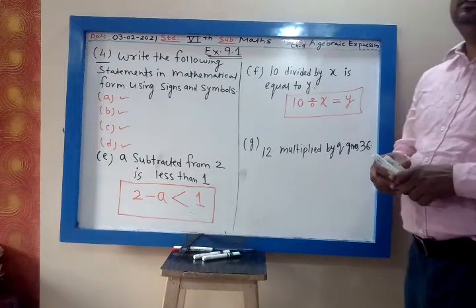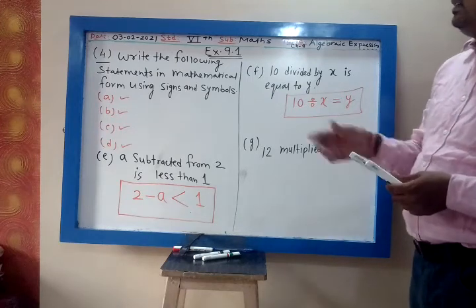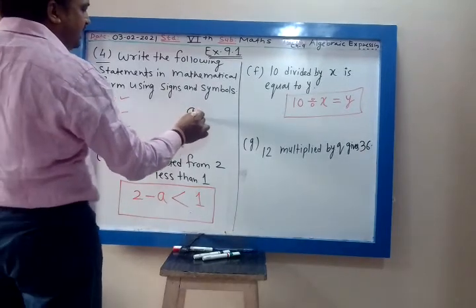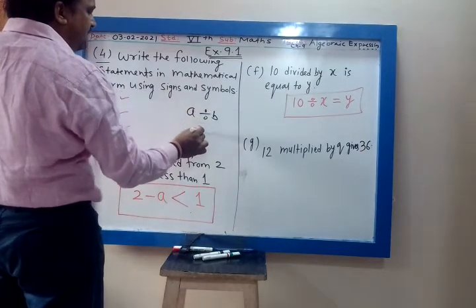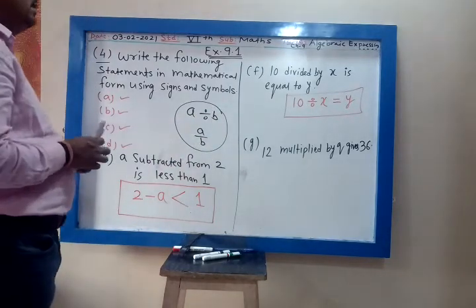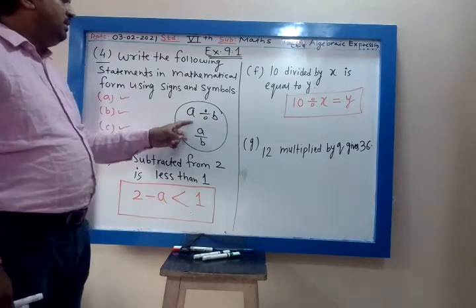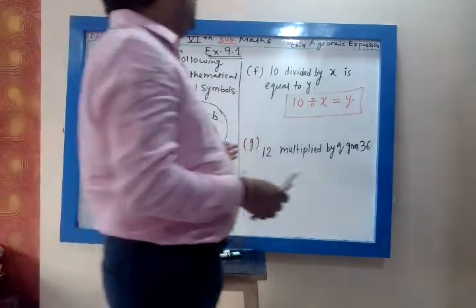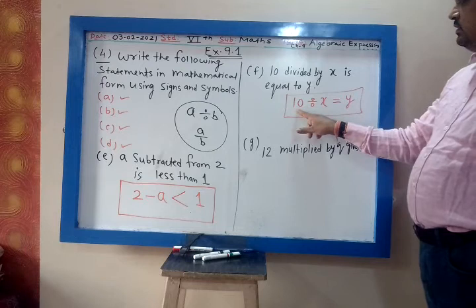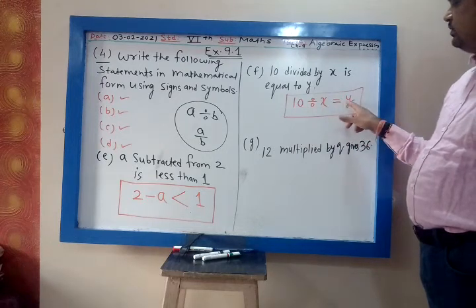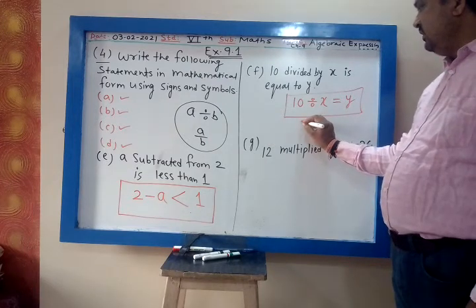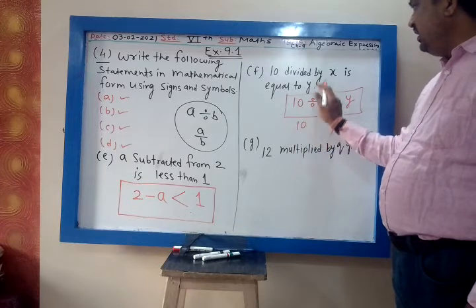There is another answer to this. We write the division in two ways. Either we write A divided by B, or we write A upon B. So the same I have written the first way, 10 divided by x, so 10 division x is equal to y, or in the second way I can write 10 upon x.